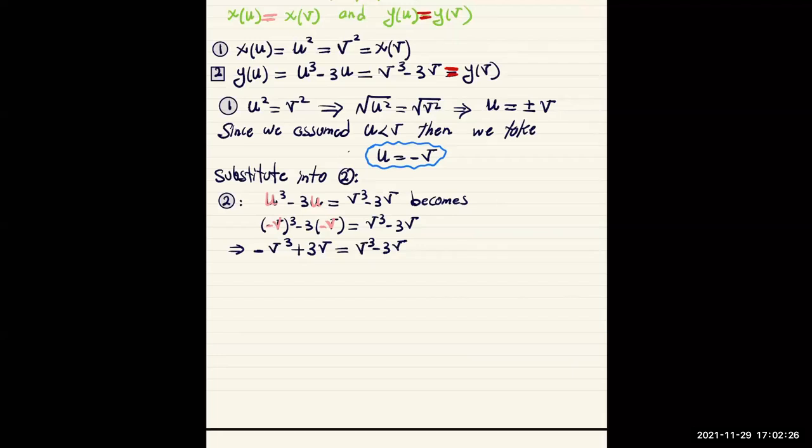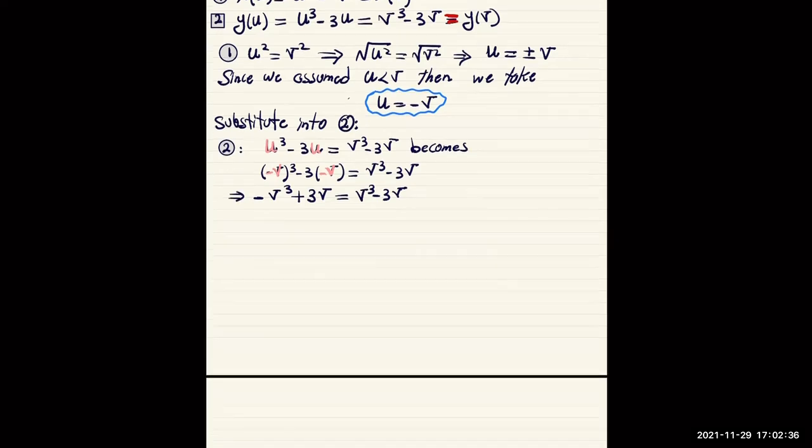Okay, one unknown. So what you do with this equation, this is a nonlinear cubic equation. You have to move everything over to one side and set equal to 0. So move everything over, you get 0 equal to 2v cubed, right?